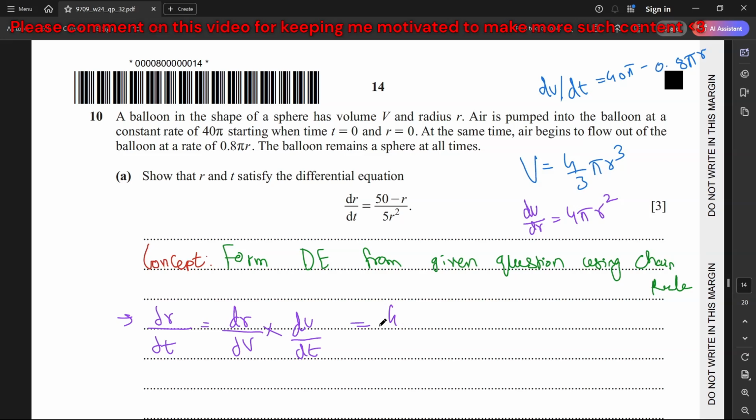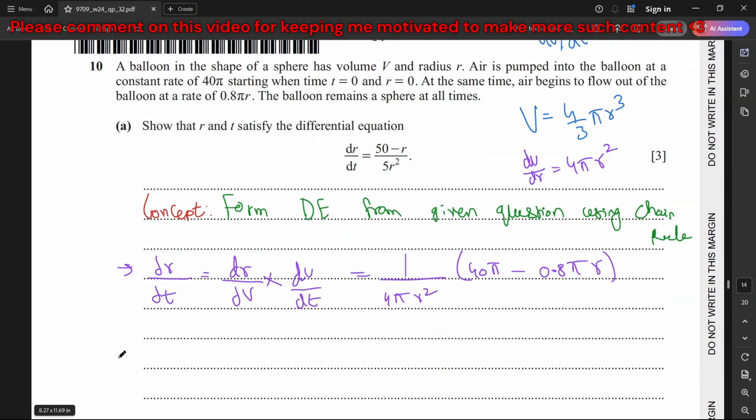But that is dV dr, so I'll need 1 by 4 pi r square for dr dV, multiplied with 40 pi minus 0.8 pi r. Now I just need to simplify my equation.